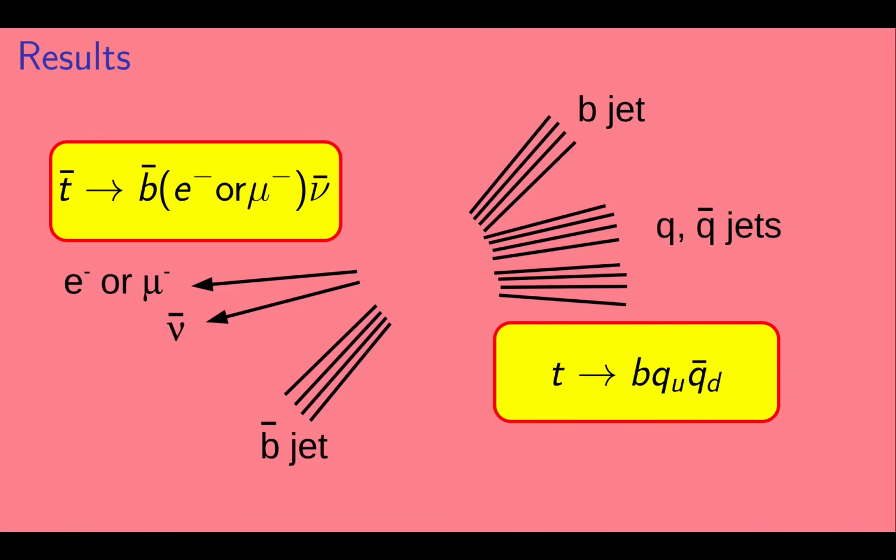Let's briefly look back at the events they looked for in their single lepton analyses. On one side, you have a lepton, which helps identify the event as top pair production, but you also have a neutrino, which you can't measure. That makes measuring the mass of that top difficult.